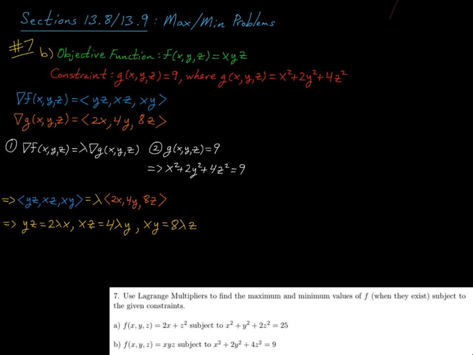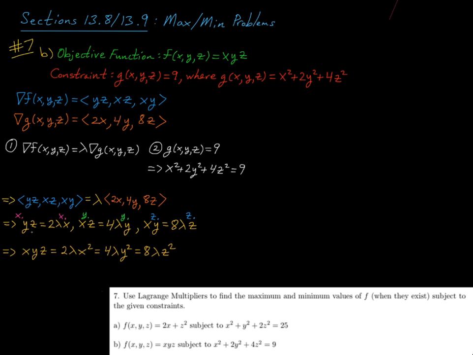So I'd like to come up with some common expression across these equations. And I can come up with one as follows. Here for the yz, I'm missing this factor of x. Here for this xz, I'm missing a factor of y. And here for this xy, I'm missing this factor of z.